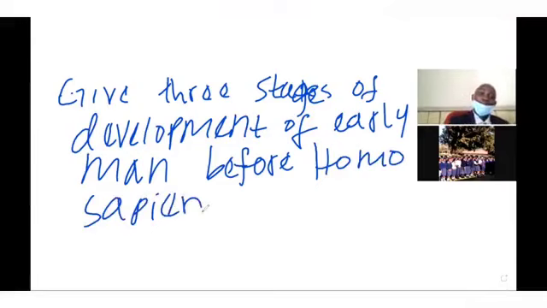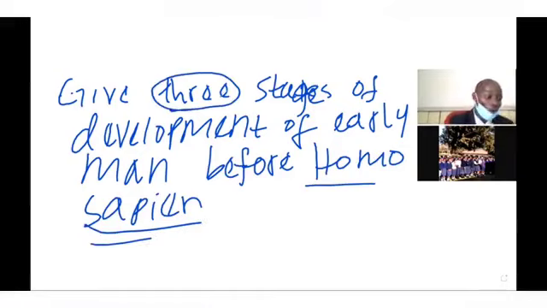Any stage that is before then, you are going to score. Whether they are in order or not in order, the stage must come before. So you will score if you give the stages which are before, not necessarily in the order in which they appear. So please note, as a student, make sure you read and understand the question.